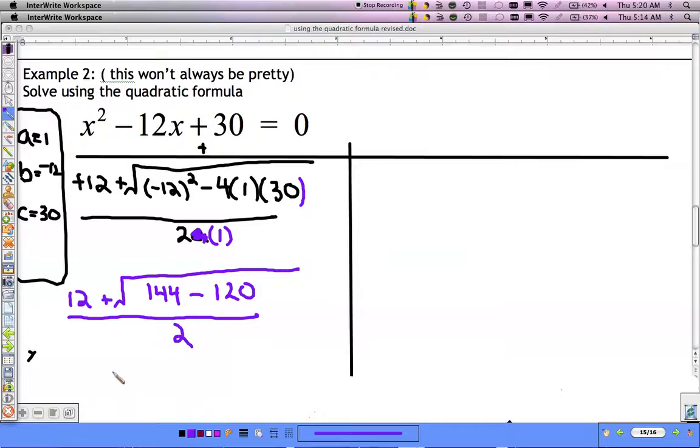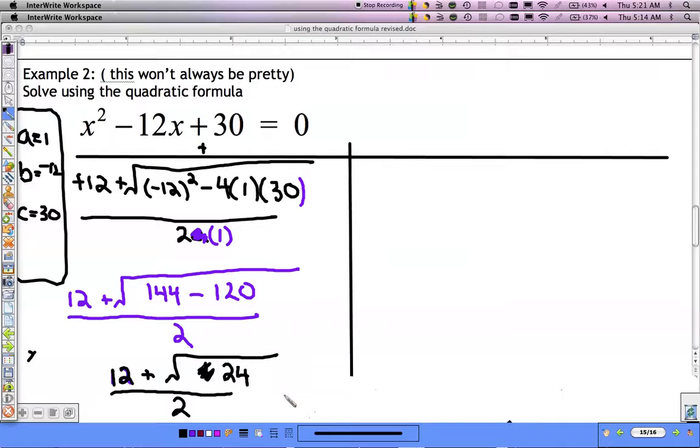So this is going to be 12. Let me switch back to black. 12 plus the square root of 144 minus 120, which is going to be, I don't know why I was going to write 14, it's 24, plus the square root of 24 over 2.